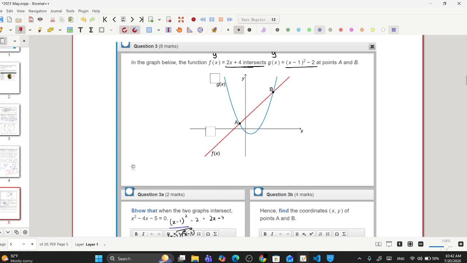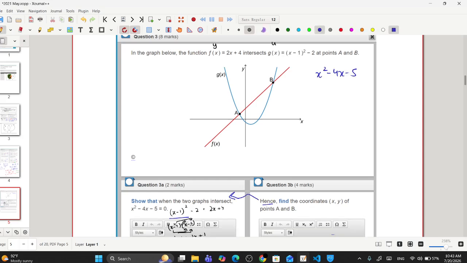So let's solve x squared minus 4x minus 5. Let's find the factors of 5 first. I think we can solve it using middle term breaking. So factors of 5 include 5 times 1. So we have to manipulate 5 times 1. So we get x squared minus 5x plus 1x minus 5.